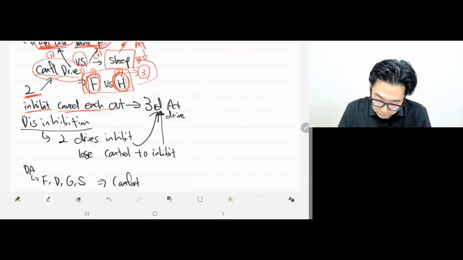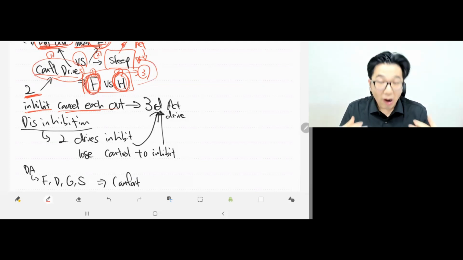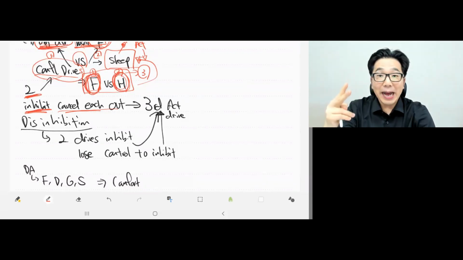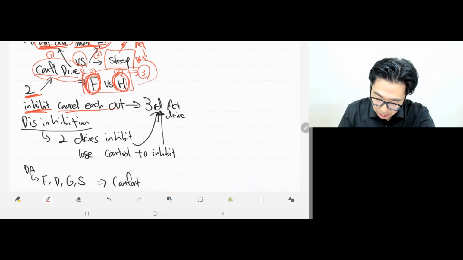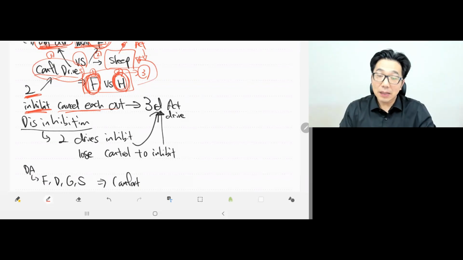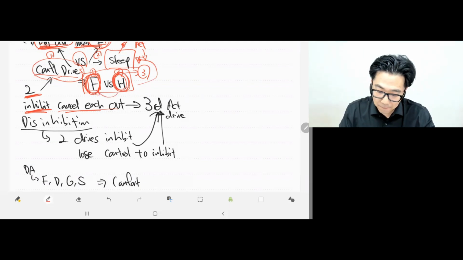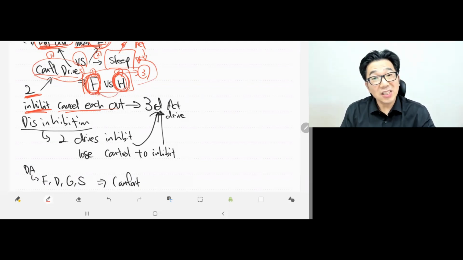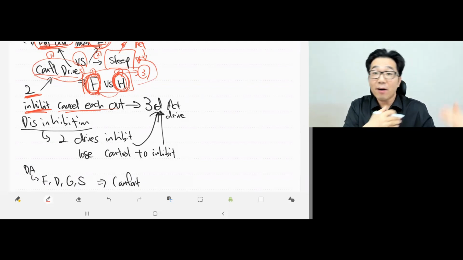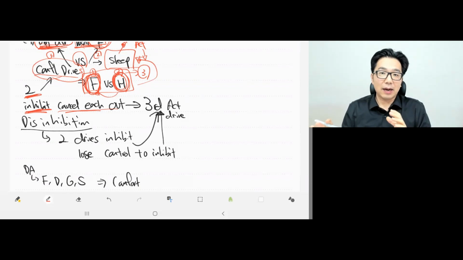Because of this first drive, it inhibits me from taking the food, which is the second possible action. And also, because I'm hungry, it inhibits me from the first action, which is running far away from the object that I'm scared of.